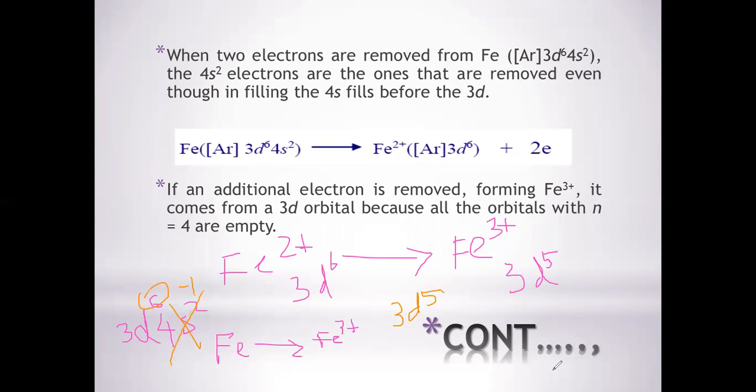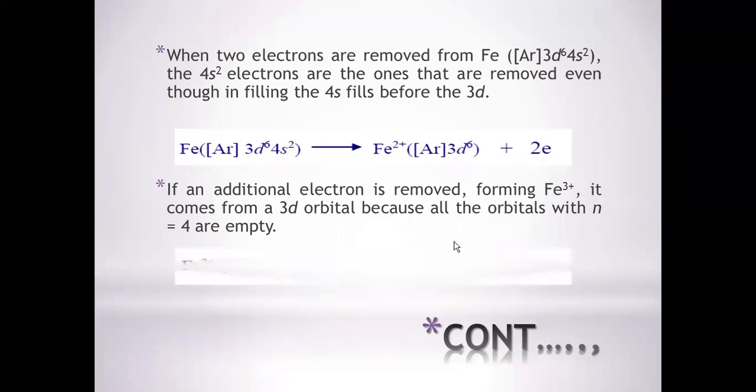This is also possible. This is what we are studying under the electron configuration of ions. Right, it's clearly showing what is happening here: the 3d6 becoming 3d5. As your 4s orbital is empty, you are supposed to remove the electron from the 3d6.